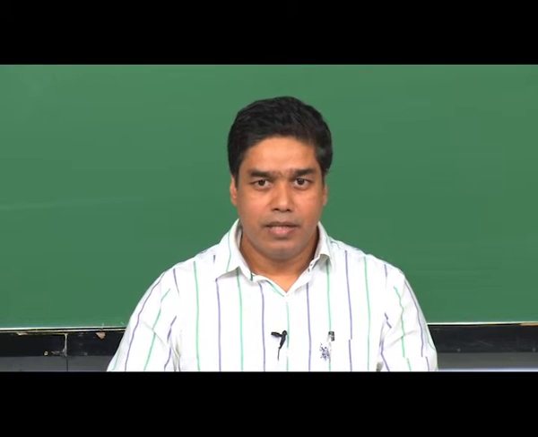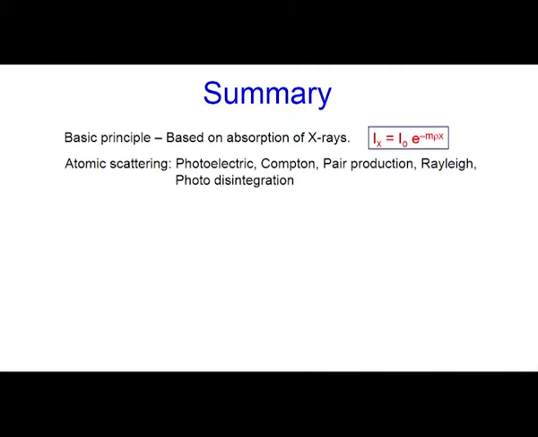And after that we learned about the formation of the image, in which we talked first about the photographic film and then saw how it is made, what is the constituent of the film, and after that we discussed about the characteristics of the film.